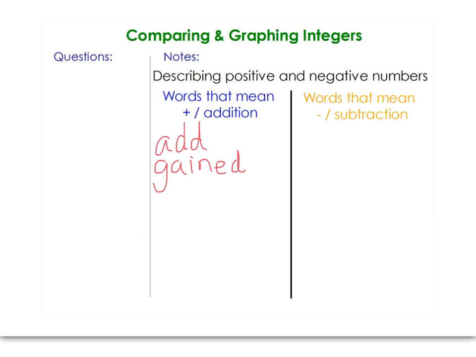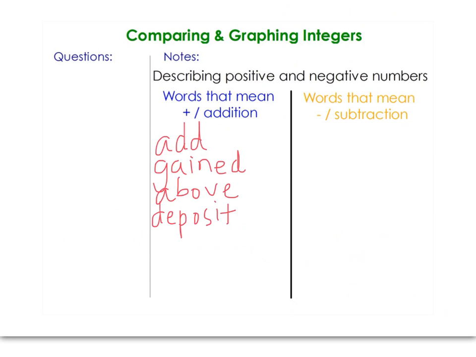So if you gain a number, what about if you're 5 feet above? Isn't above positive? Or means to add? What about you deposit money in the bank? You're adding money to your bank account.